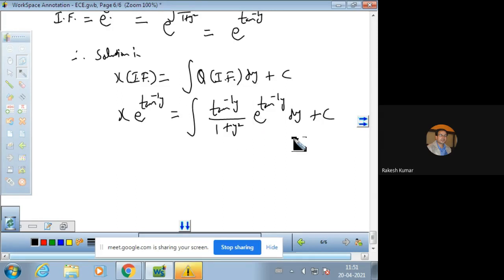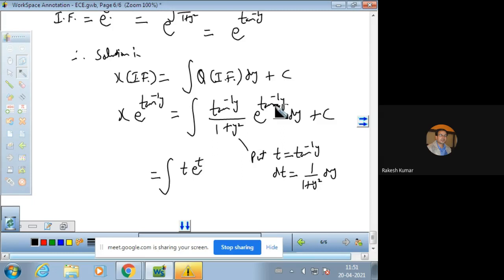Now we have to find out its integration, and for integration we will use substitution. The substitution is putting t is equal to tangent inverse y. So dt will be equal to 1 over 1 plus y square into dy, and you will use here tangent inverse y is t, e raised to power t, dy upon this can be used as dt plus c.